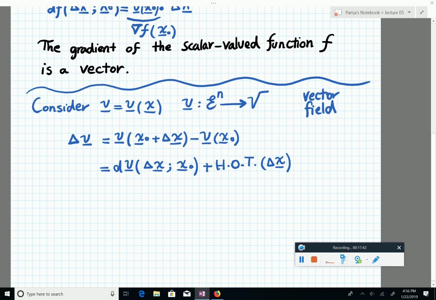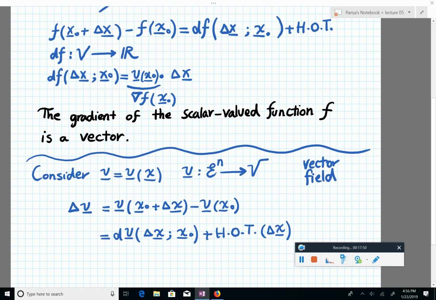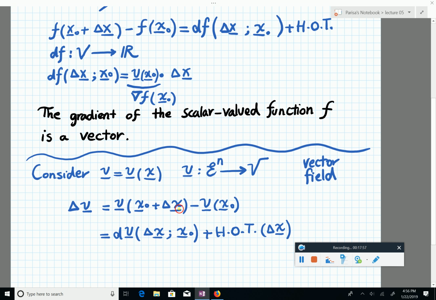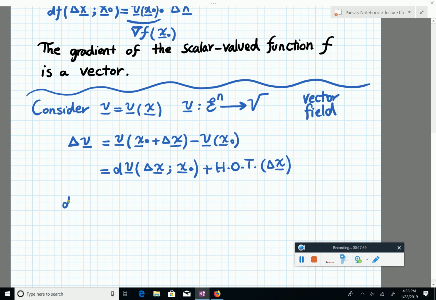I want to define the gradient. And what is gradient? Let's look at before. What was the gradient? It kind of connects the differential to delta x. So how would it be here? So here is the differential. In this case, it's a vector valued function.